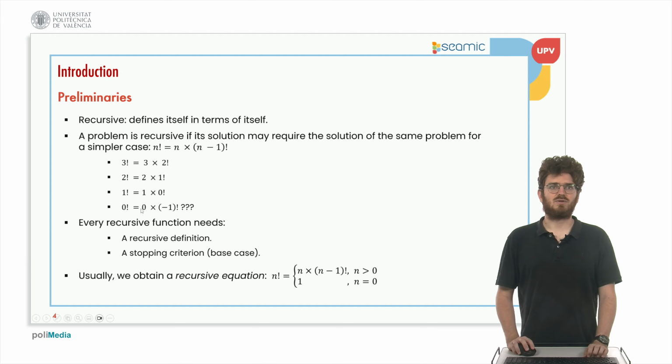So in this case up here, instead of computing the factorial of 0 as 0 times minus 1 factorial, we would say that the factorial of 0 is 1, and then we would solve the whole problem by saying the factorial of 0 is 1, and then 1 times 1 is 1, and then 1 times 2 is 2, and then 3 times 2 is 6.